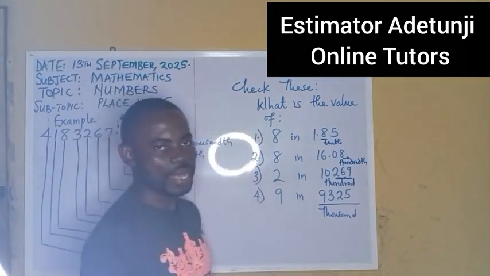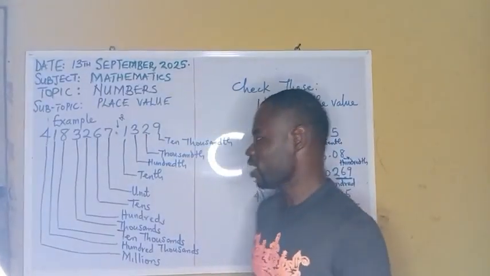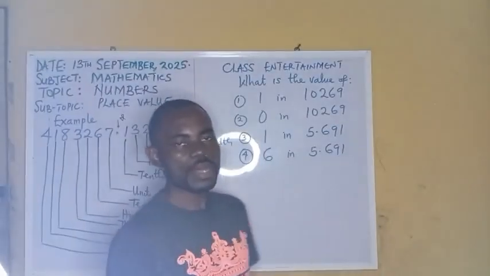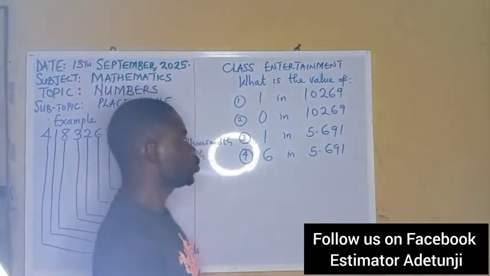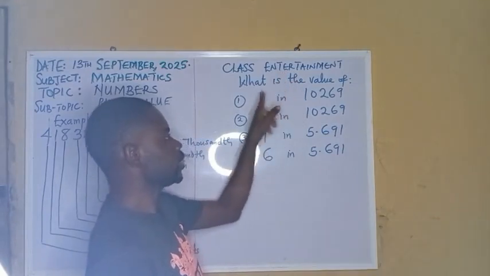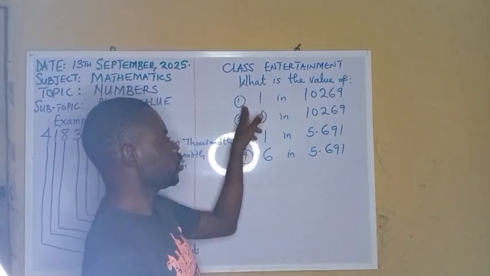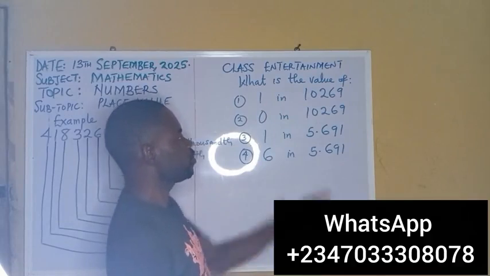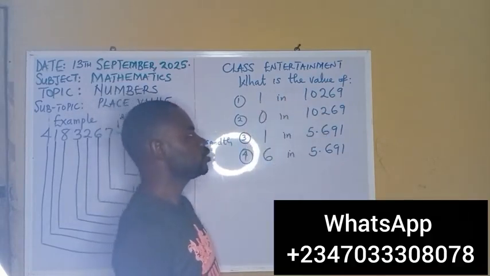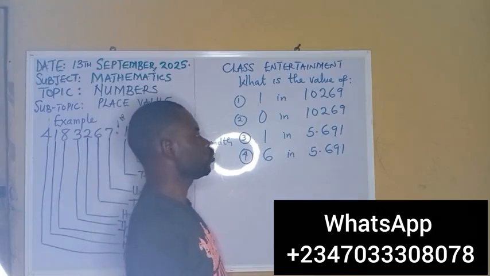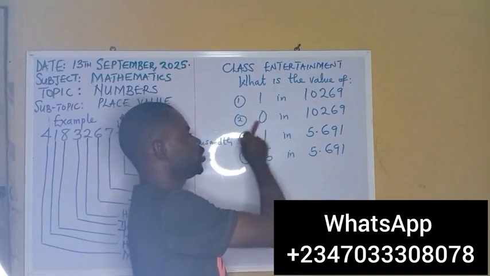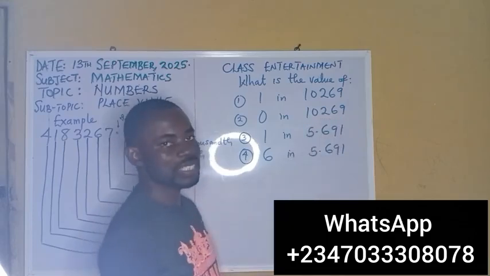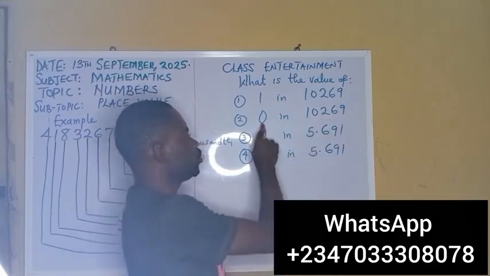Now let me give you, as usual, your class entertainment. It says: question 1, what is the value of 1 in 10269? Number 2, what is the value of 0 in 10269?